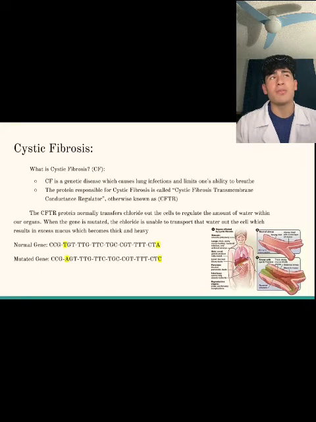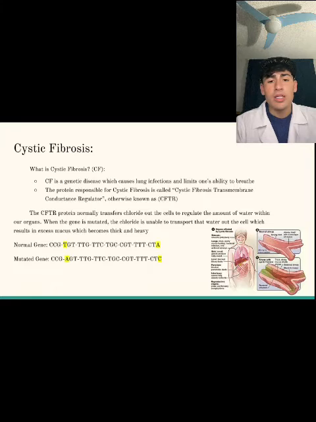Cystic fibrosis is a genetic disease which infects the lungs and it will limit your ability to breathe. The protein that's responsible for this is the cystic fibrosis transmembrane conductance regulator. It's a very long word, but most people just call it CFTR.